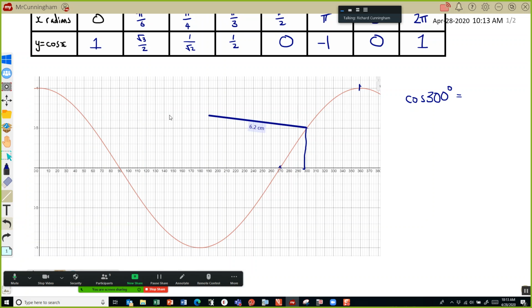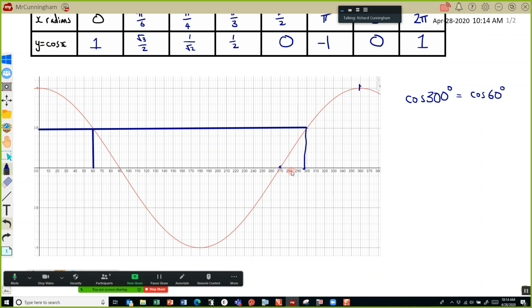So cos of 300 degrees is going to be the same as what? Somebody from standard level. Yeah, cos of 60, good, because I can see that it is exactly the same thing here, okay? So cos of 300 is the same as cos of 60 degrees.